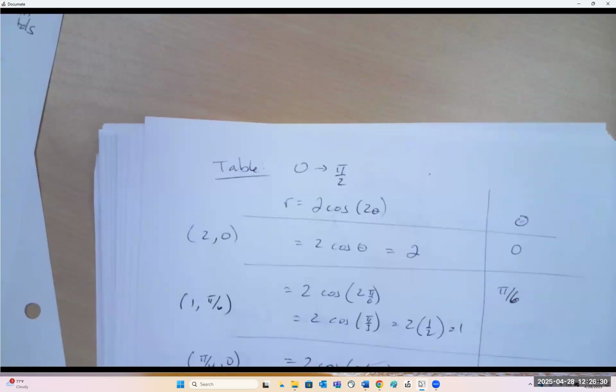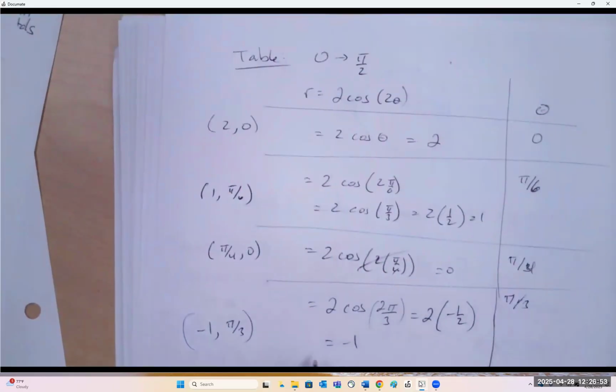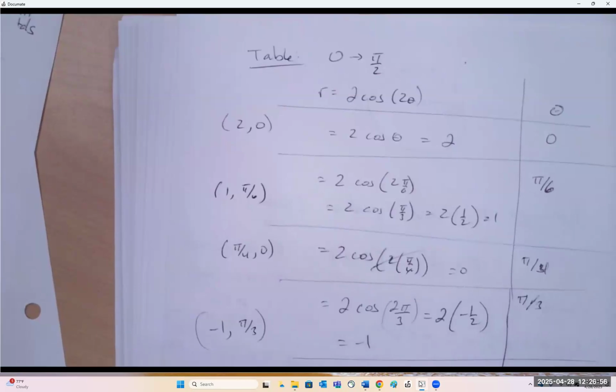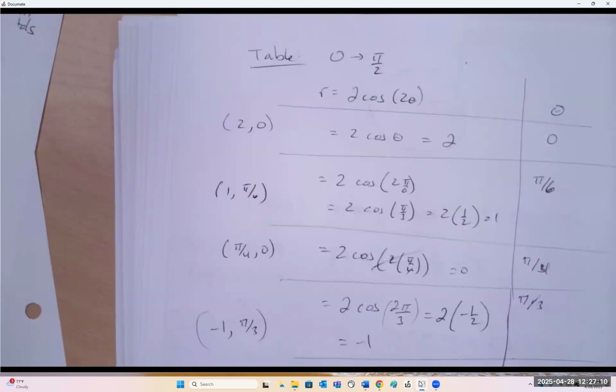Pi over 3: 2 cosine 2 pi over 3, since it's second quadrant, it equals negative 1. Pi over 2: 2 cosine 2 pi over 2, 2 cosine pi, which is negative 2.